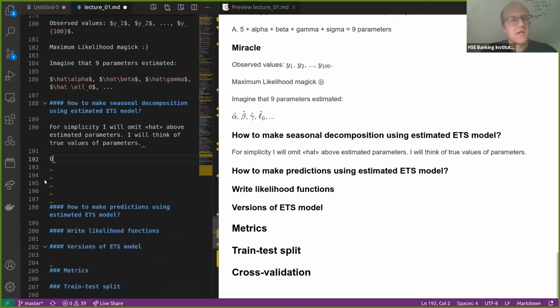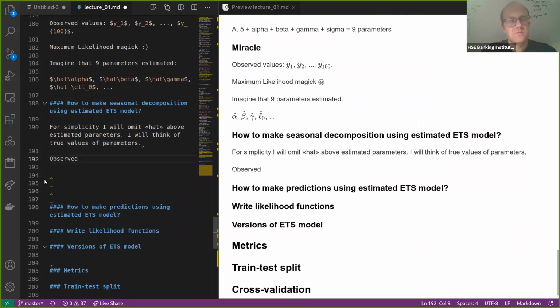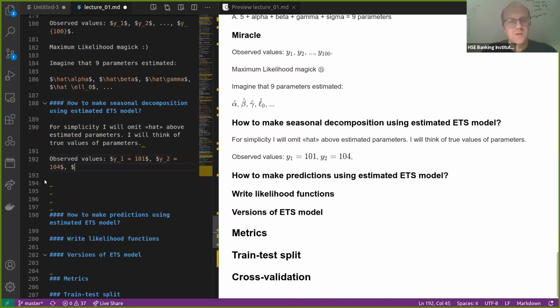So let's imagine some observed values. Let's imagine that y1 is 101, y2 is 104, and y3 is 106.